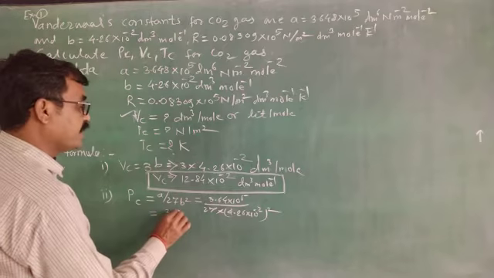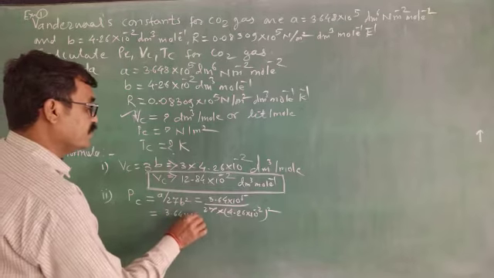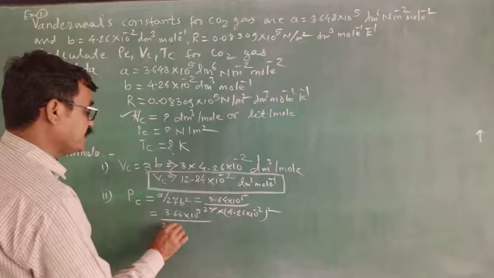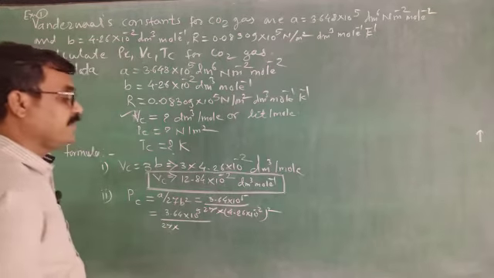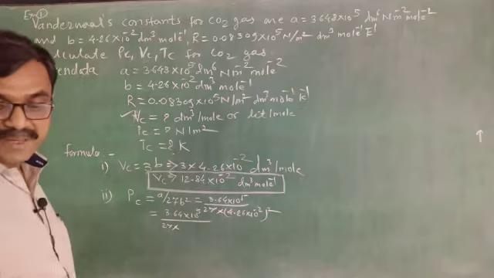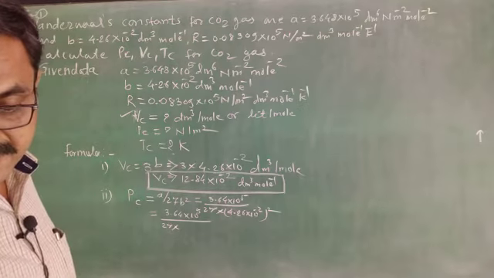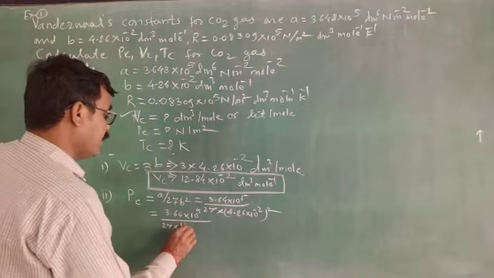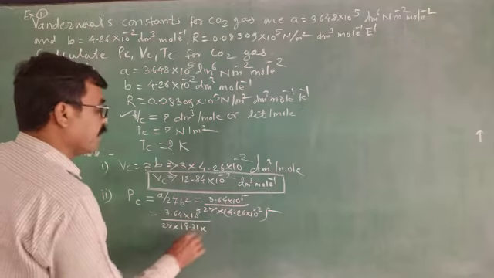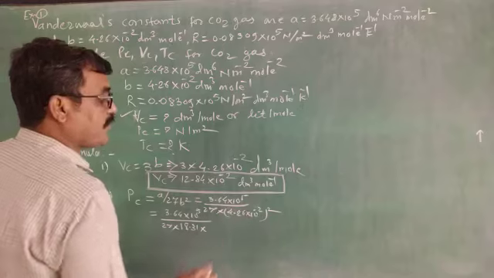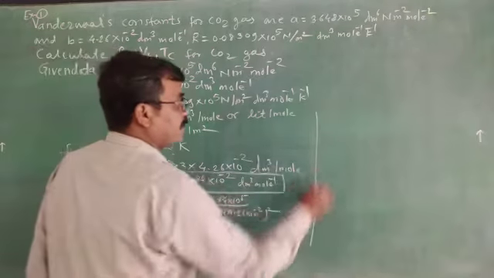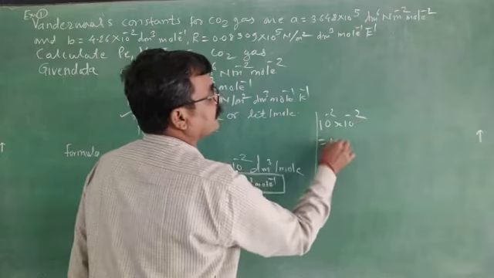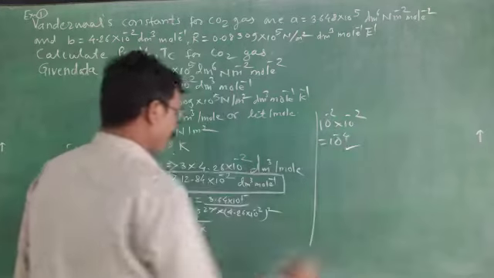Now see, the numerator remains as it is. In the denominator, 27 remains as it is. 4.26 multiplied by 4.26 will be 18.31. Now 10 raised to power minus 2 multiplied by 10 raised to power minus 2 will be 10 raised to power minus 4.